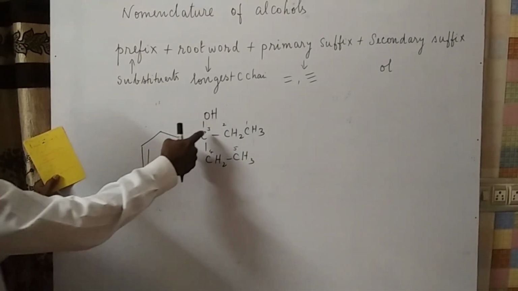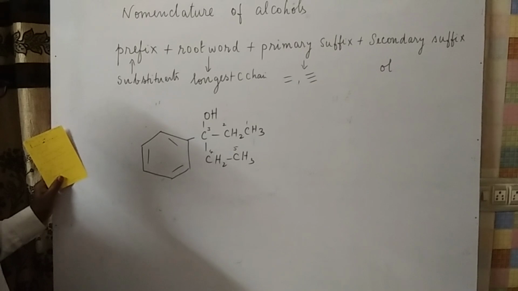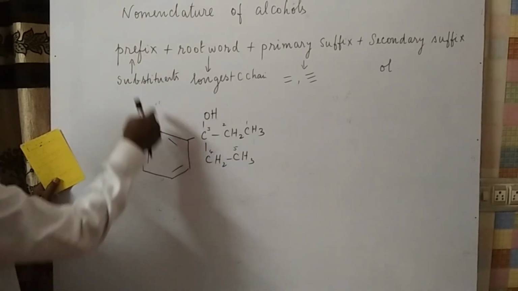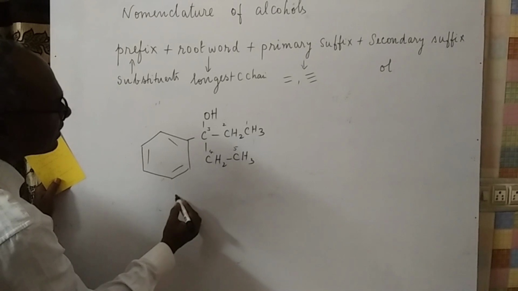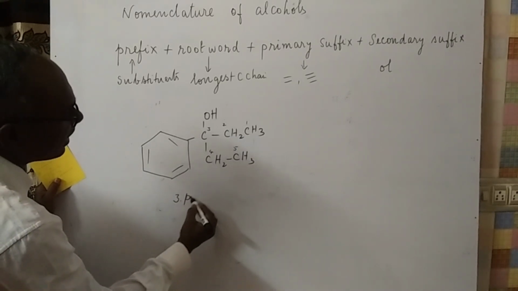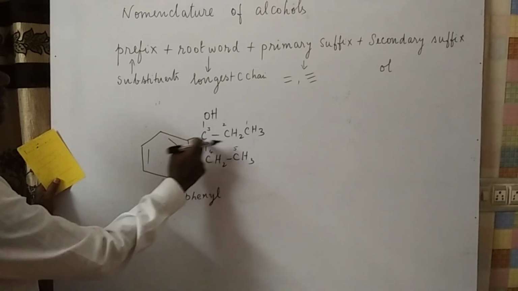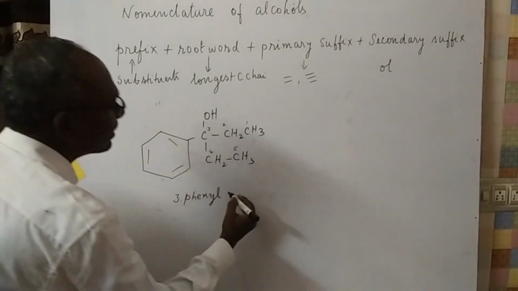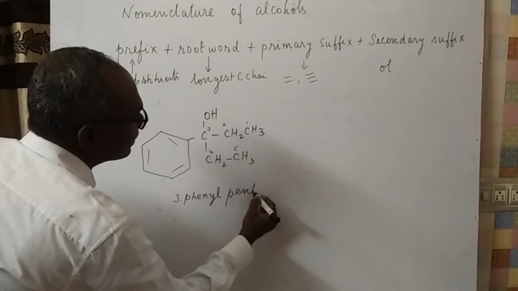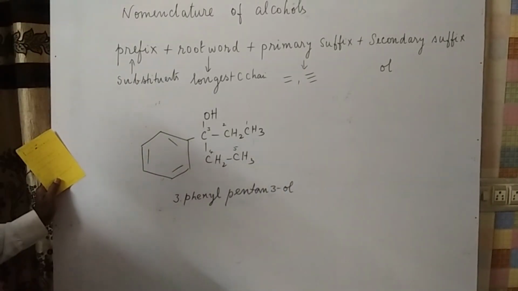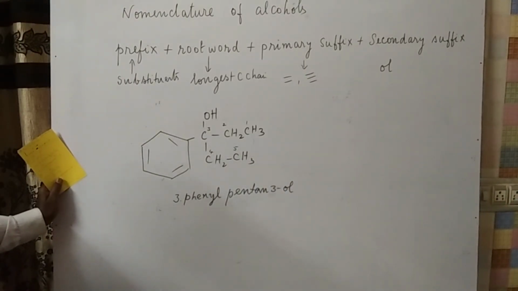So in the third carbon a benzene ring is attached. So the benzene ring gets the substituent name. So the first prefix 3-phenyl. So pentan-3-ol, 3-phenylpentan-3-ol.